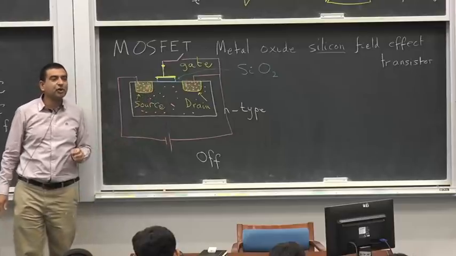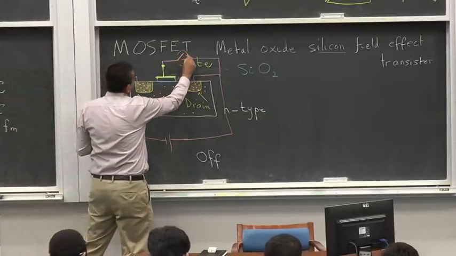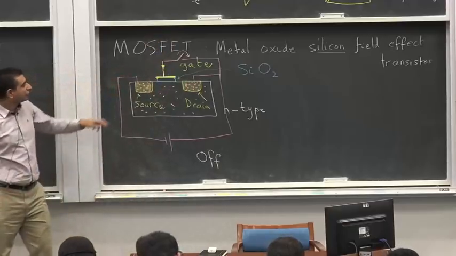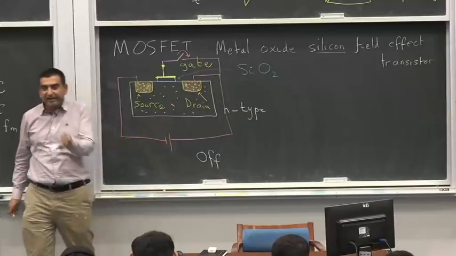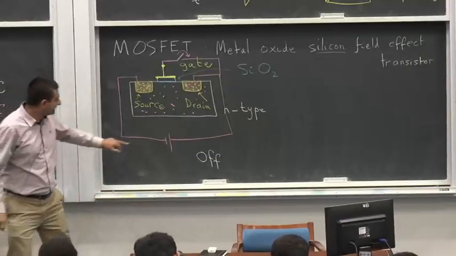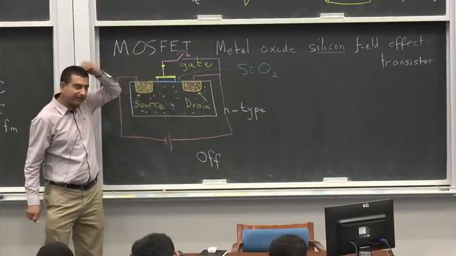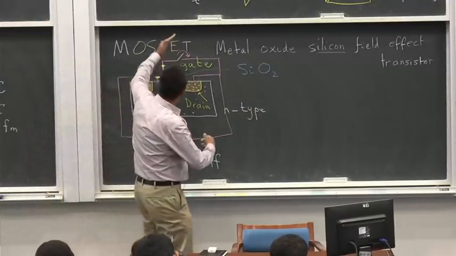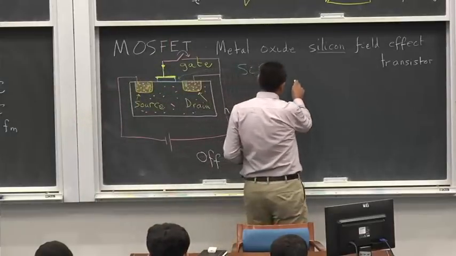The transistor is in its off stage. Now what I would like to do is close this switch so that this gate is connected to the positive terminal of the battery and it develops a voltage, the same voltage as that of the battery. Okay, so now I would like to close this switch. And then I would like to see what's going to happen to the charge carriers.